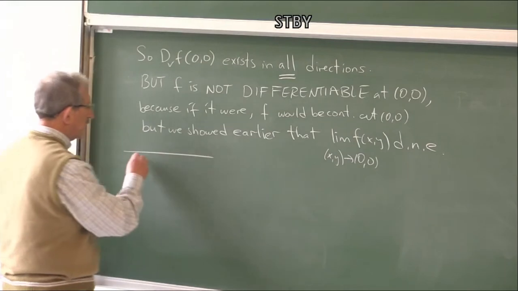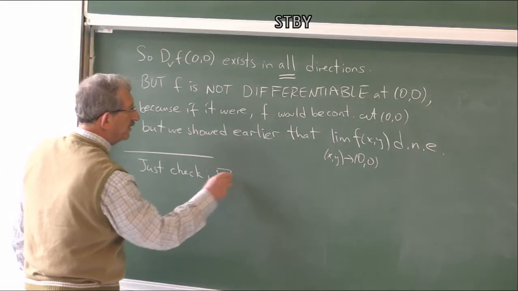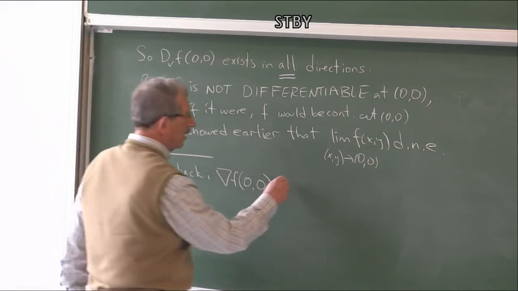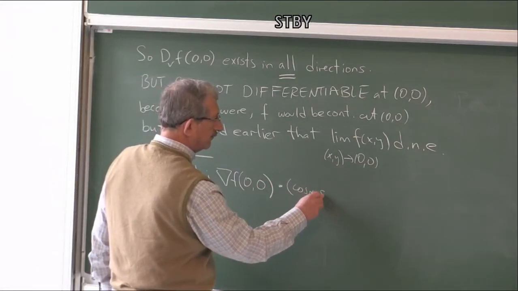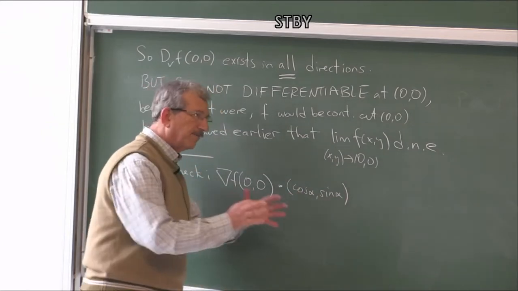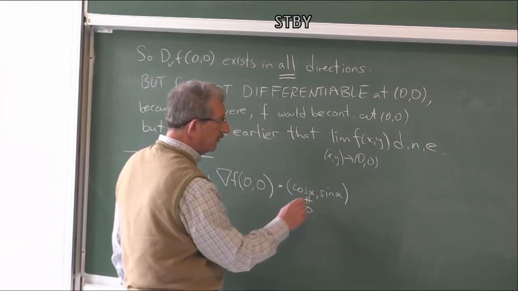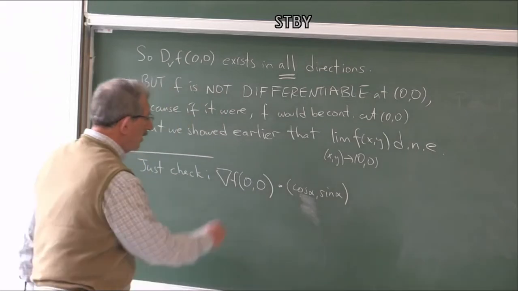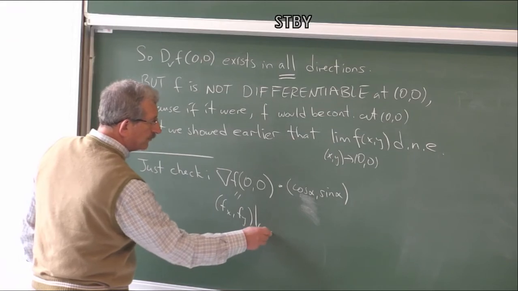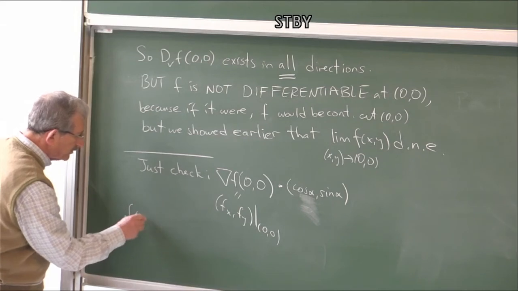Well, just check. The gradient of f at (0, 0) dot, okay, (cosine alpha, sine alpha). This is a unit vector in the alpha direction. Well, this is (f sub x, f sub y) at (0, 0). Now, what is this? Let us just calculate that very simply.